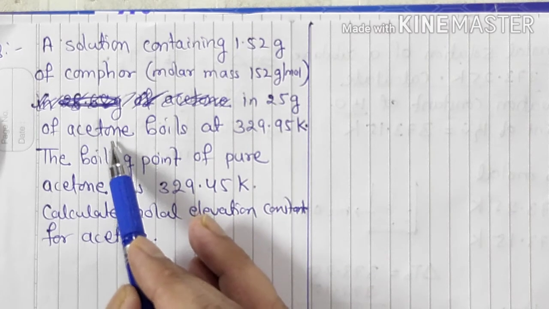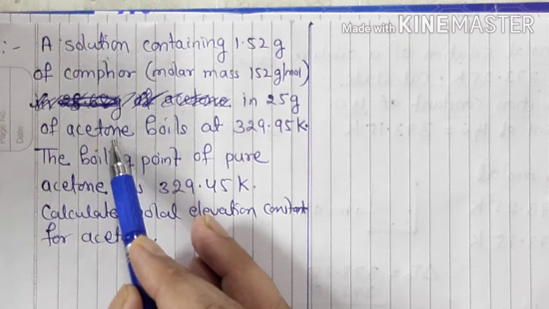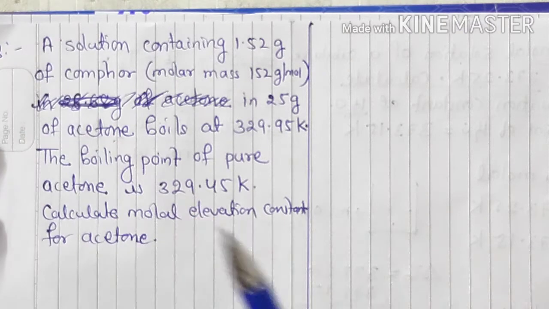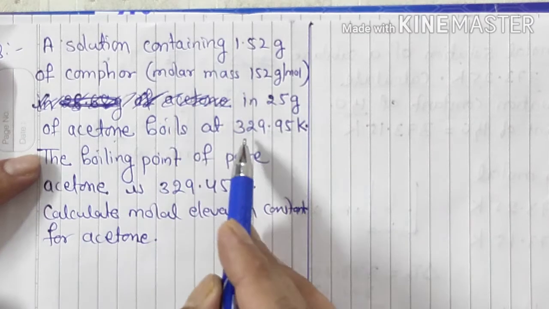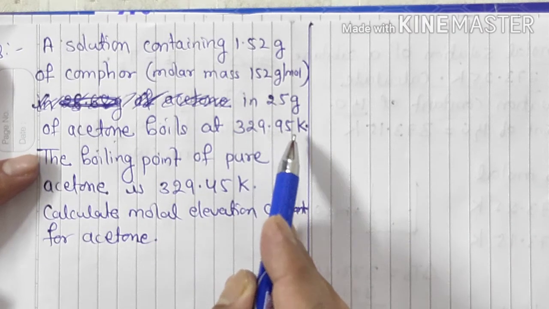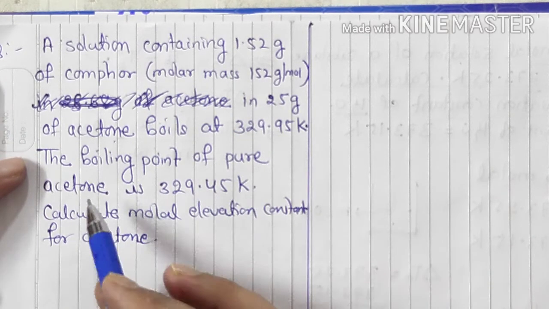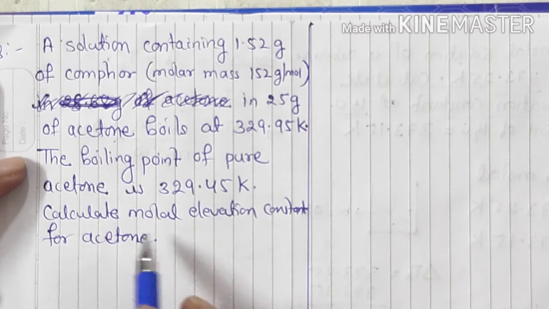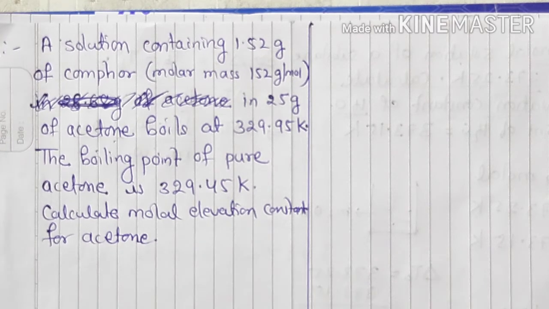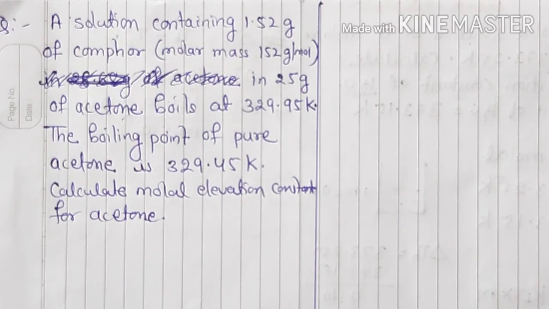Acetone is a solvent, right? और solvent में हमने camphor add किया जो solute है. After adding, this solution boils at 329.95 Kelvin. The boiling point of pure acetone is 329.45 Kelvin. Calculate molal elevation constant for acetone, right? That is the question.